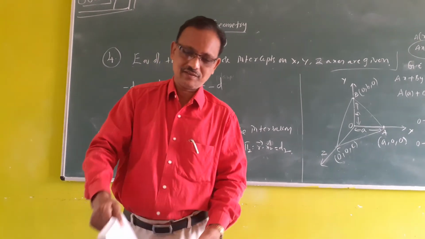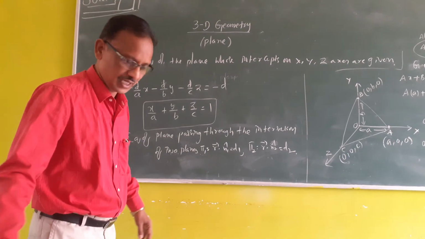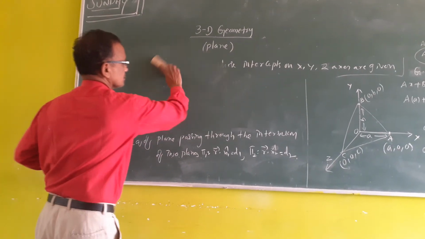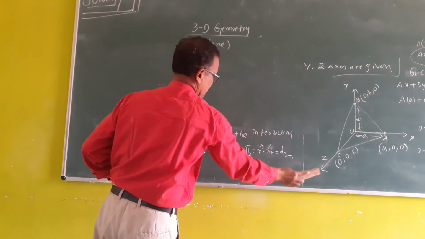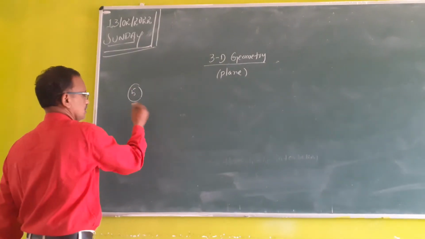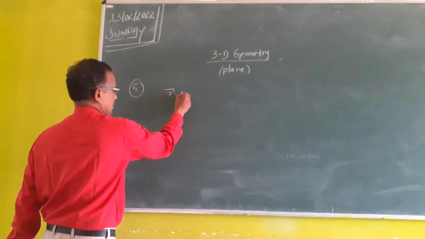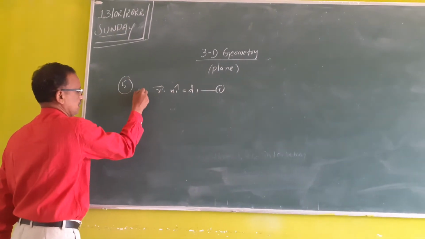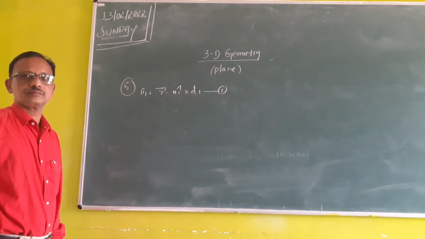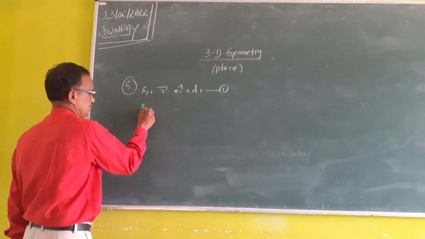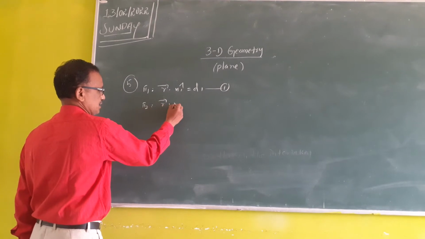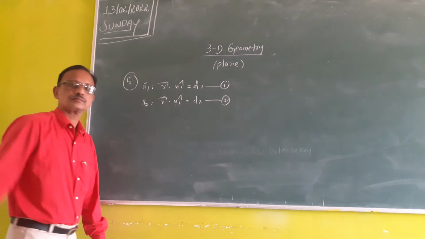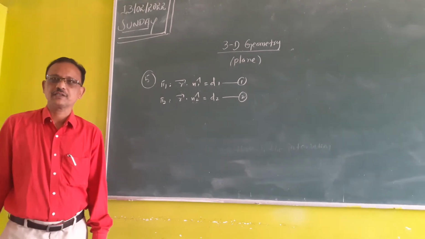So this can be written as: the first plane is r bar dot n1 cap equal to d1. This is the equation of the first plane, denote pi 1. The second plane equation is r bar dot n2 cap equal to d2. These are vector equations.